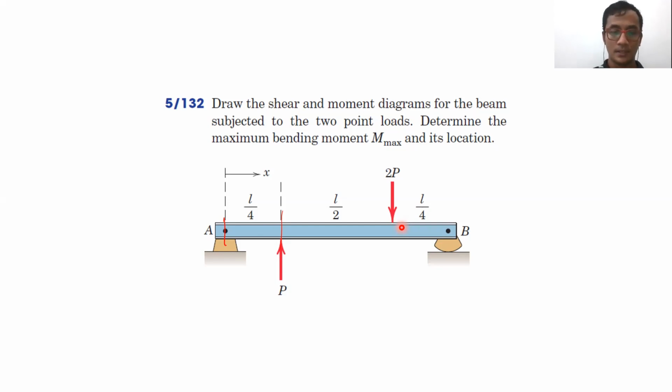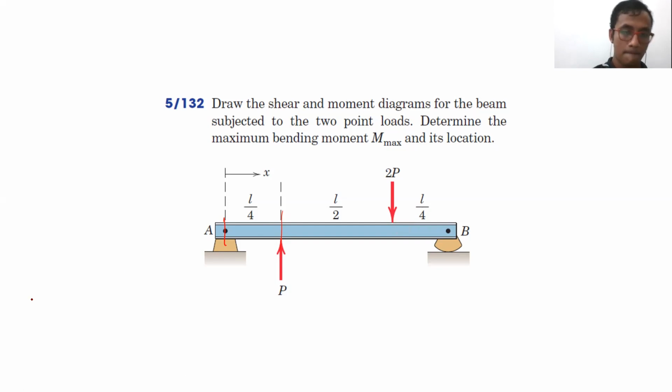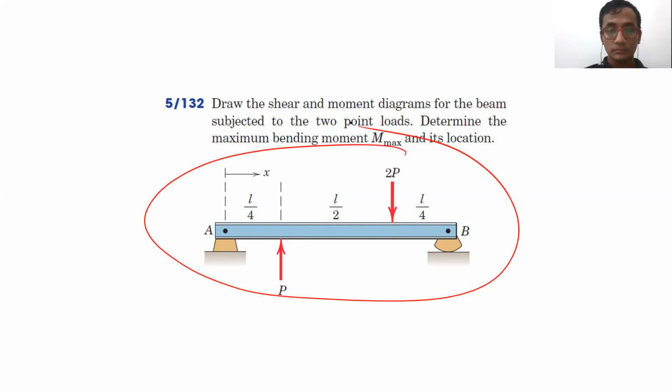For example, for the whole structure here, you can see that we have to divide it into three different equations, because from A to this particular force, we can say that it continues.